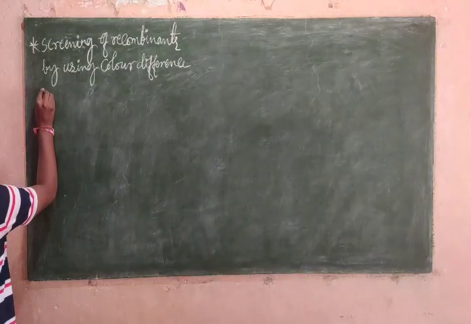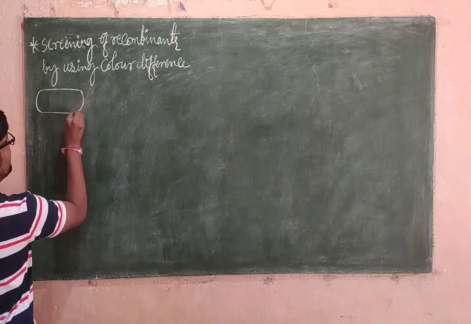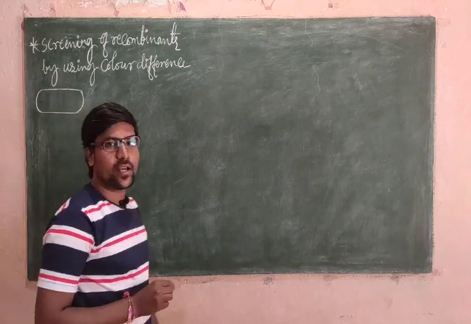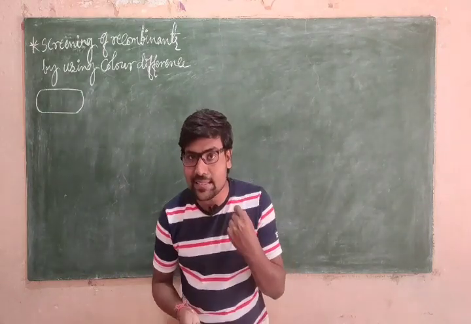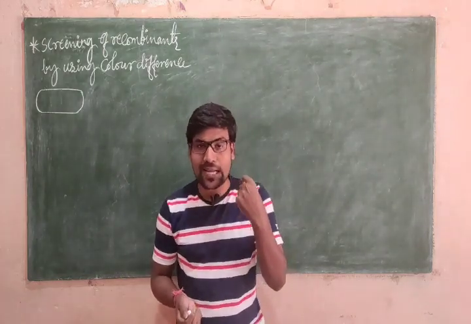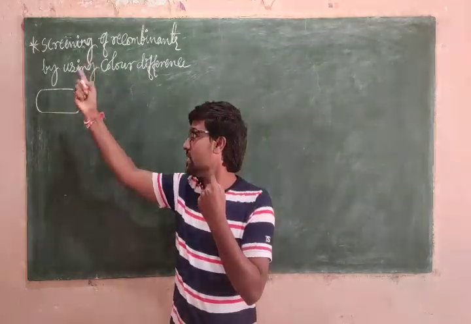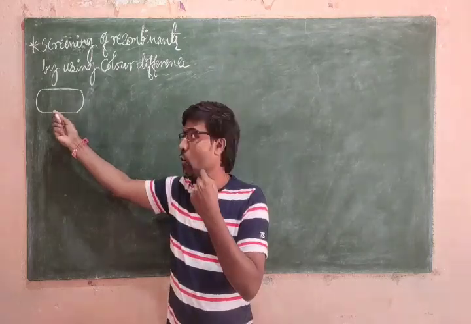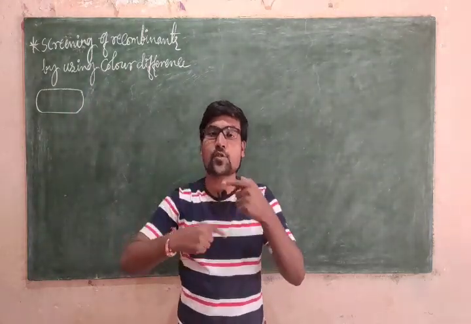For example, as usual, let me consider one bacterial cell, an E. coli cell. Now I have to introduce our desired gene into this cell. When this desired gene has entered the cell and the cell is going to divide, at the same time our desired gene number also multiplies.